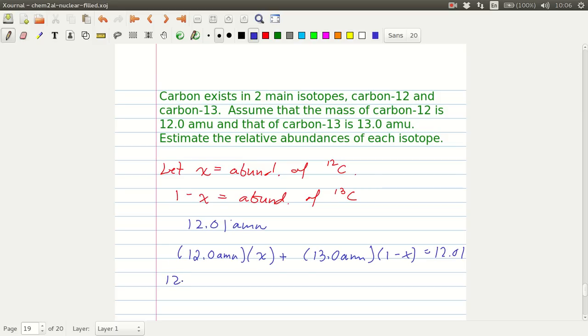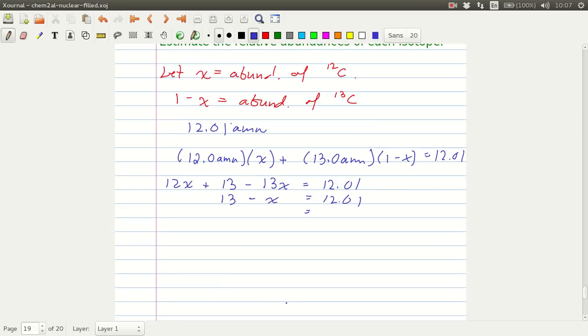So let's simplify: 12x plus 13 minus 13x equals 12.01. Combining the x's, 13 minus x equals 12.01. So I can bring the x over to the right, and then 13 minus 12.01 is equal to 0.99.